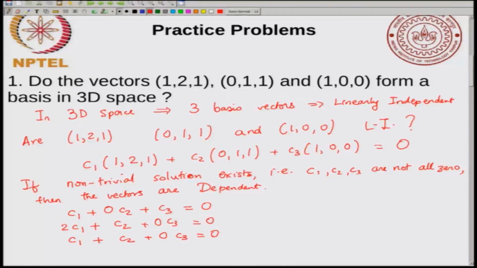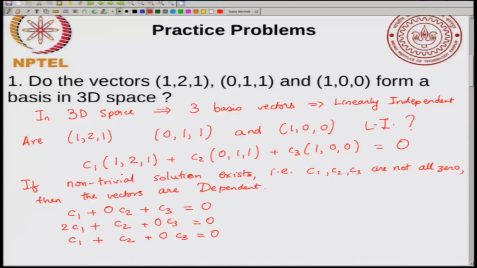So, you have 3 equations and 3 unknowns, and these are what are called homogeneous linear equations. If I set C1 equal to C2 equal to C3 equal to 0, I will automatically satisfy these equations. But is there a possibility of C1, C2, C3 not all 0? That is what we have to ask.